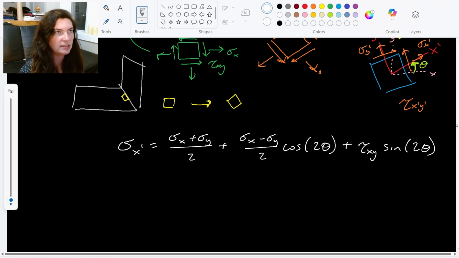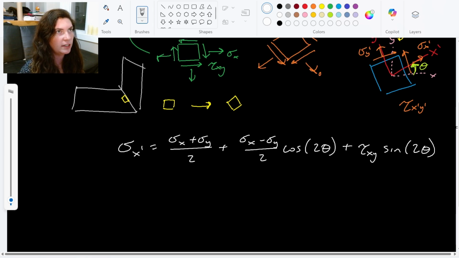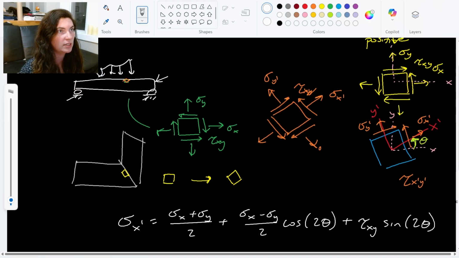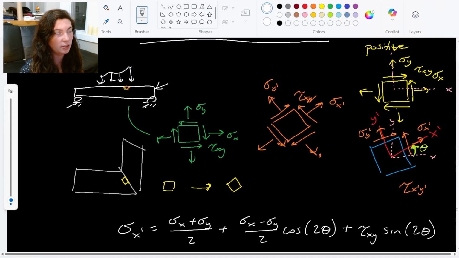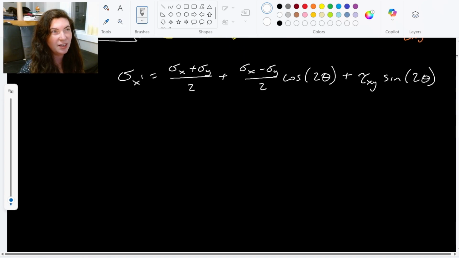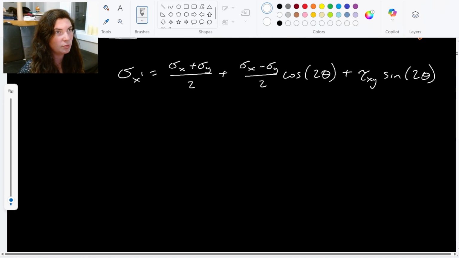It's kind of a pain to deal with. It's not very exciting, but it's pretty much just plug and chug. All of these values in this equation, you're going to be given right on your stress element here. So all you need to do is plug them in and find out your new stress transformation.